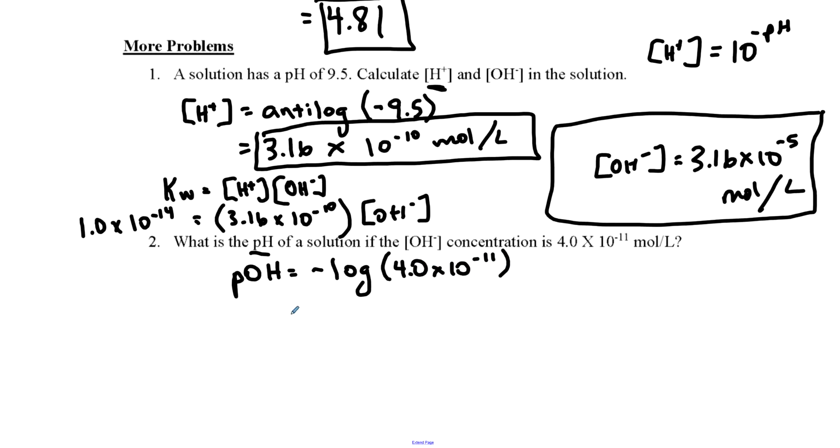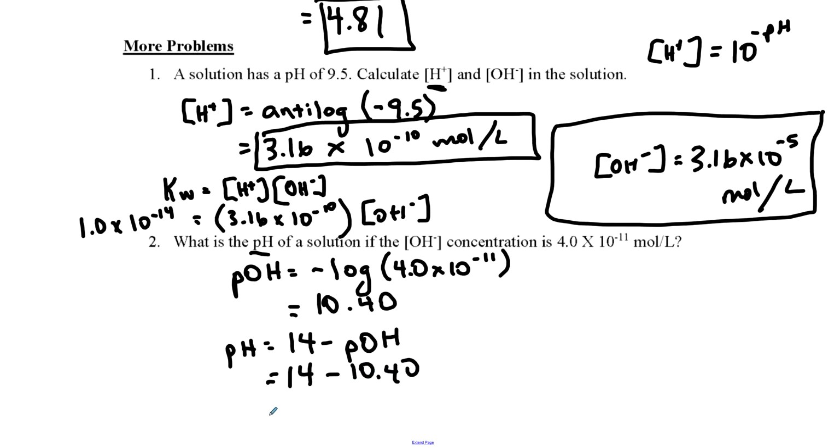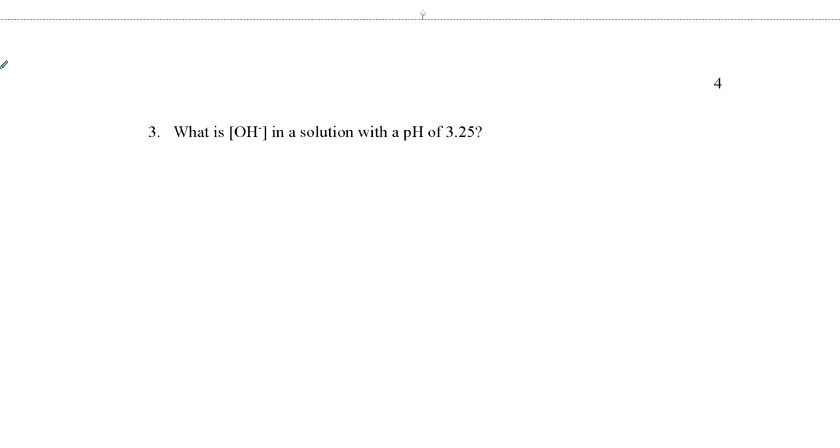Okay, so when we calculate that, what we get is a pOH of 10.4. So if we know that, our pH is 14 minus the pOH. So 14 subtract 10.4 is equal to 3.6 for a pH. Okay, let's do one more.